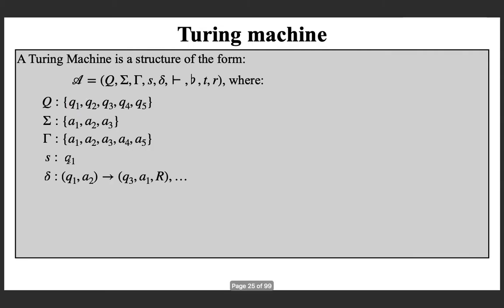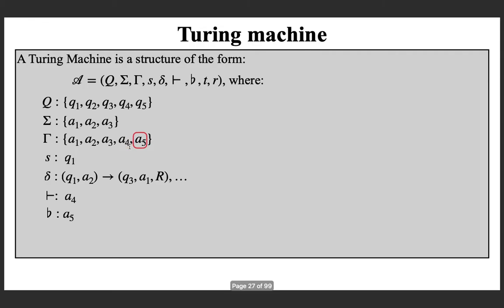The fourth component is the start state, which is a state, in this case Q1. Next is the transition function. There can be a number of transitions like this. Here you are saying that if you are in state Q1 and the current input symbol is A2, then you change your state to Q3, replace the alphabet A2 on the tape with A1, and move your read-write head to the right. Similarly, you can have a finite number of transitions. The next component is the left-end marker, which is, say, A4 in the alphabet set; the tape alphabet must contain a left-end marker.